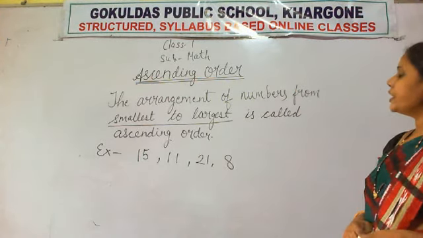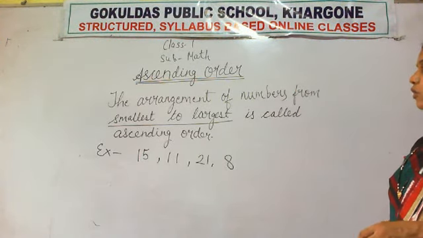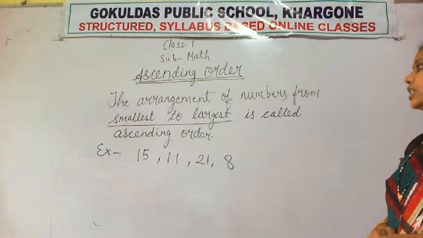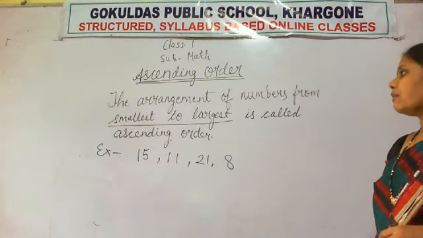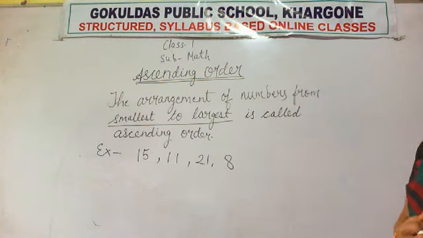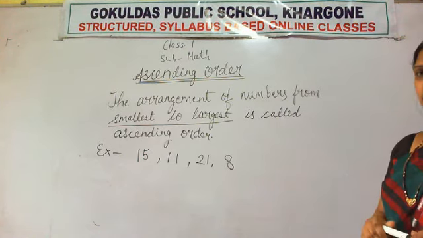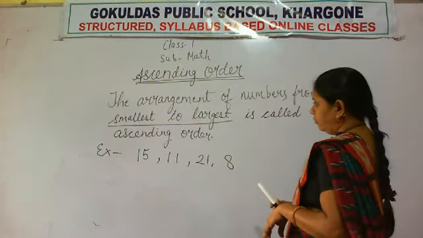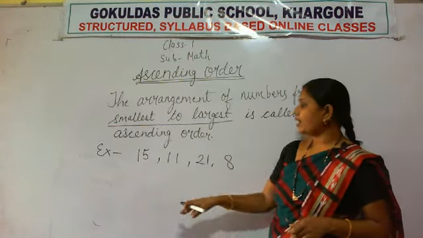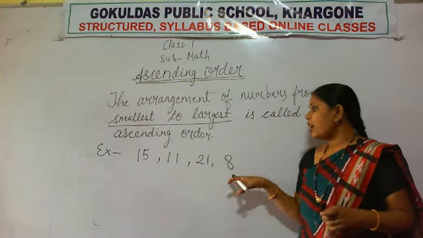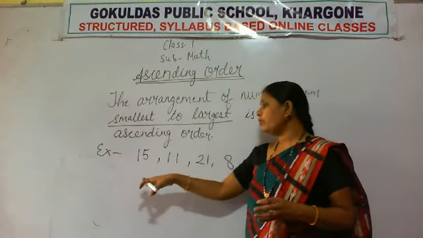Now what is the next step? What do we have to do? We have to arrange these numbers in ascending order. In ascending order means we have to arrange the numbers from smallest to largest.